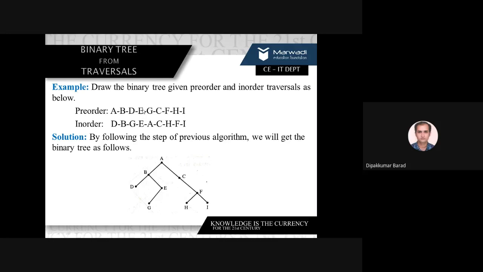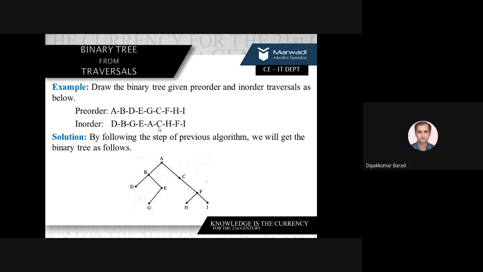So if I consider this E as a root here, then G is like the left child. But now C is not the right child of E because C is on the right of A here. Okay, C H F I are on the right of A.